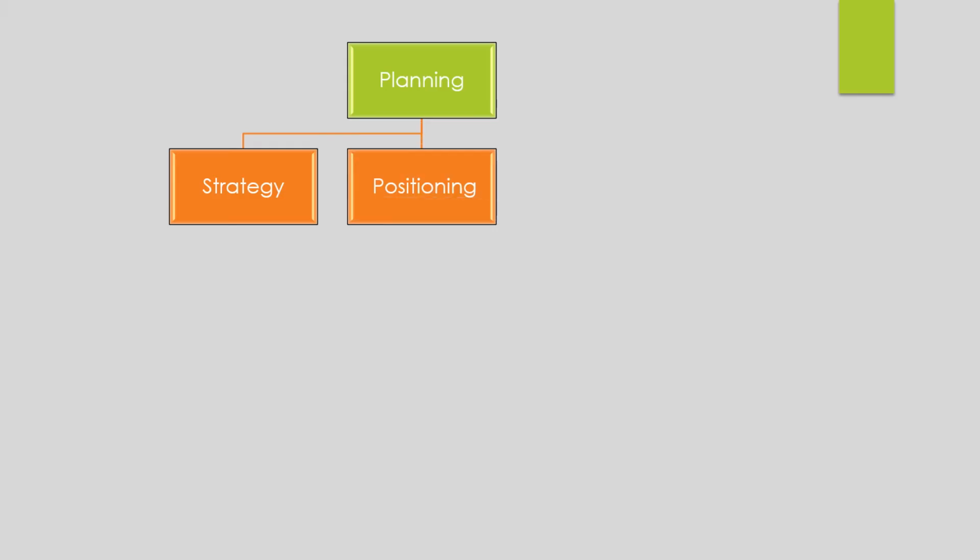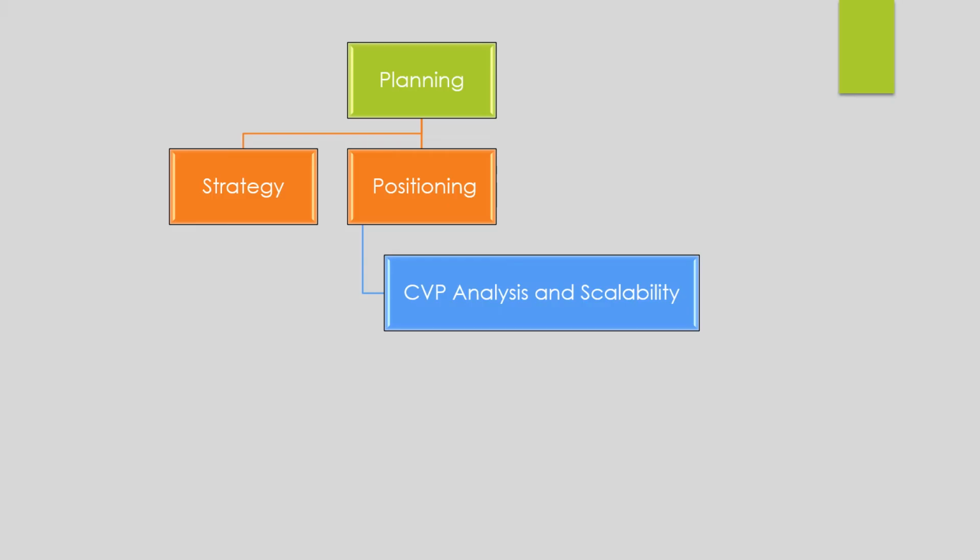Positioning defines where your products stand in relation to others. For that, we can use CVP analysis and scalability. It is important for managers to understand the nature of cost behavior and how changes in volume impact profitability.